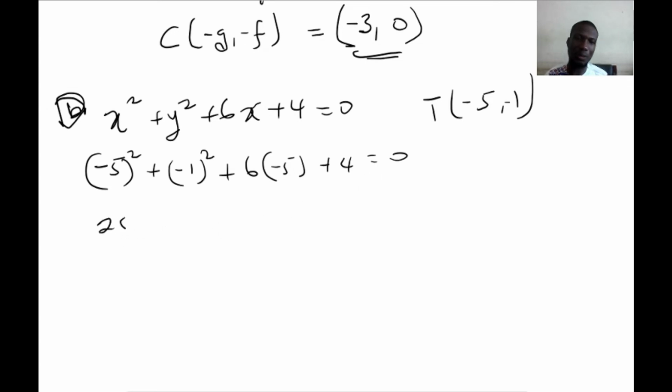This is 25 plus 1 minus 30 plus 4 should be equal to 0. 25 plus 1 is 26, minus 30 is negative 4, plus 4 is 0. So 0 equals 0. And since this point satisfies this equation, we will conclude that therefore this point lies on the circle.